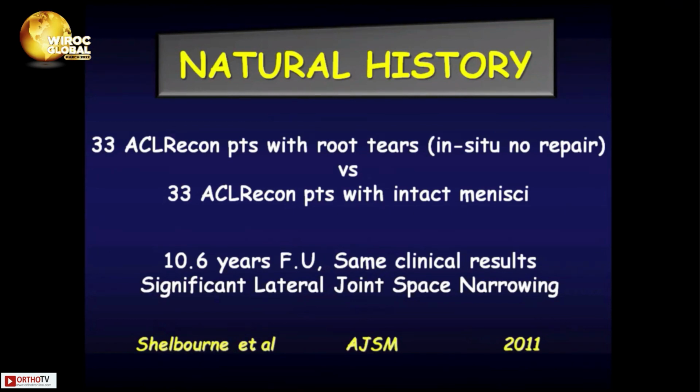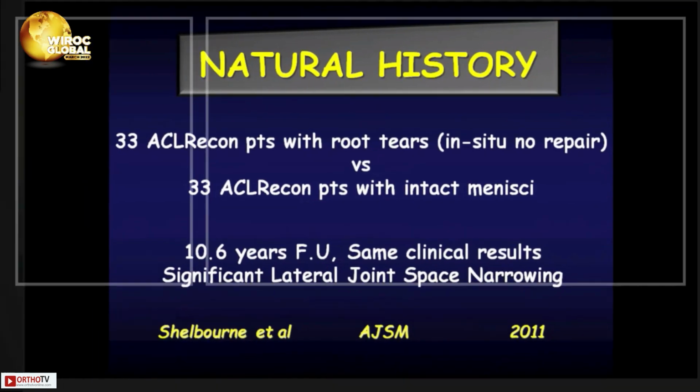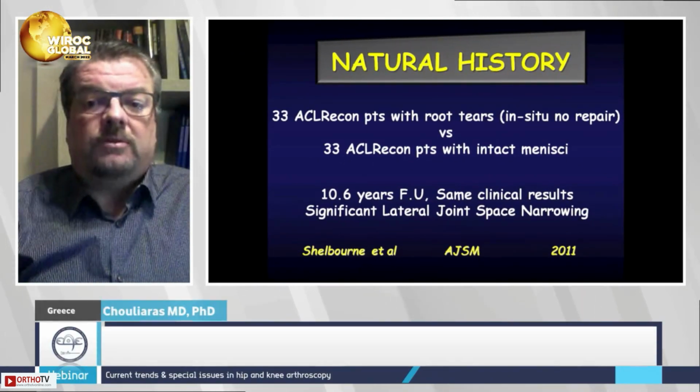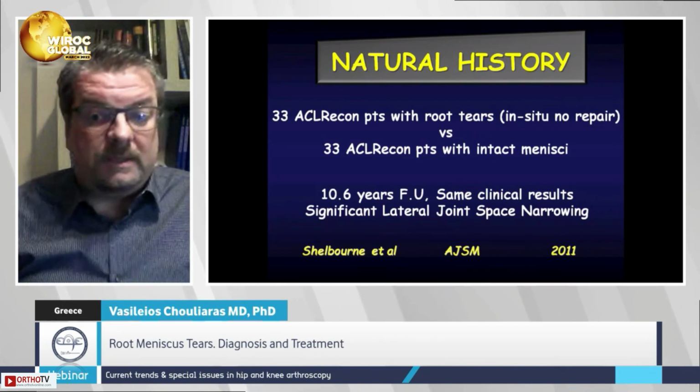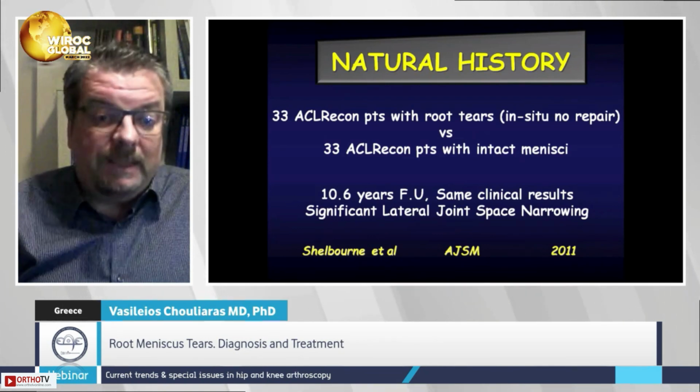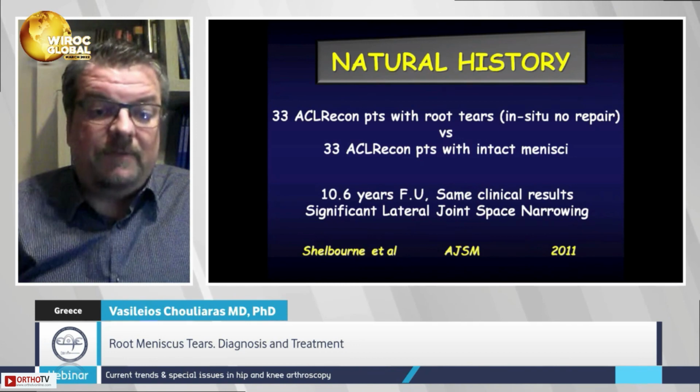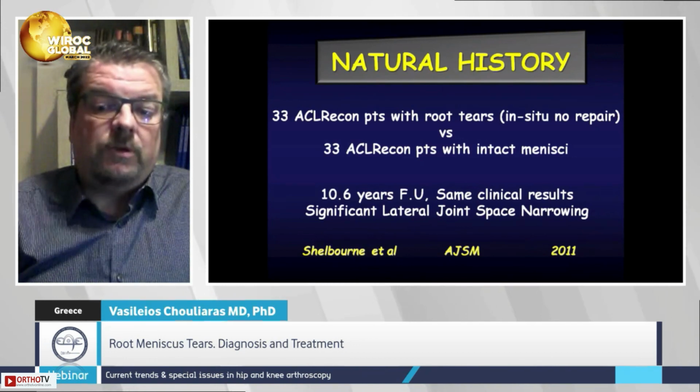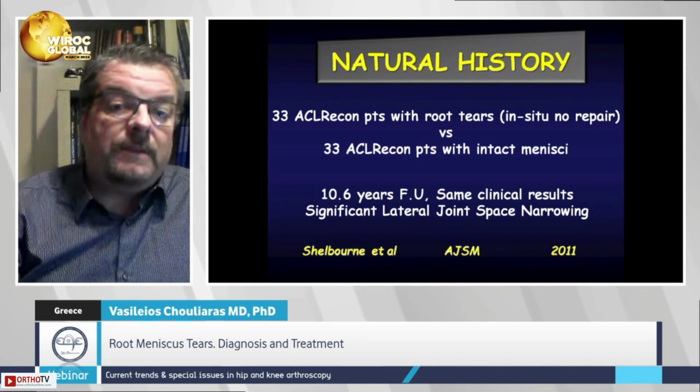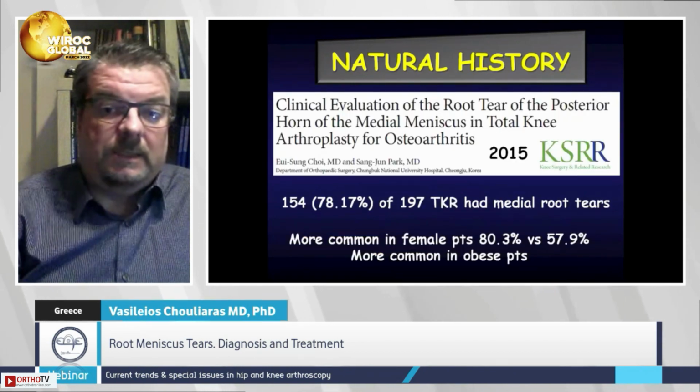Also very important is this study from 10 years ago from Selbourne, because retrospectively they compared 33 patients with ACL reconstruction and root tears with 33 patients with ACL reconstruction without root tears. They found similar clinical results, but at 10 years a significant lateral joint space narrowing, considering that these patients are young because of the ACL tear.